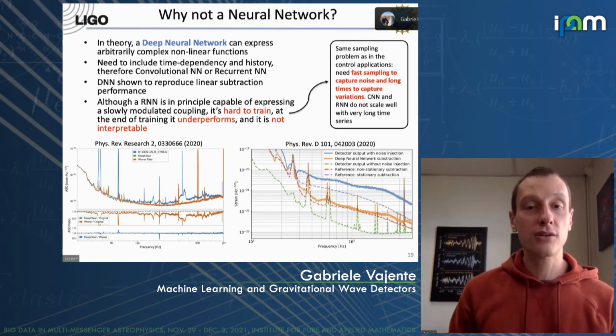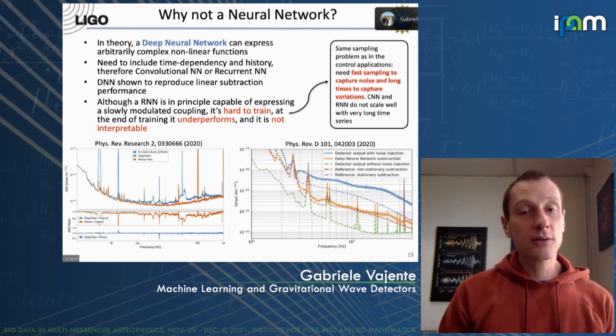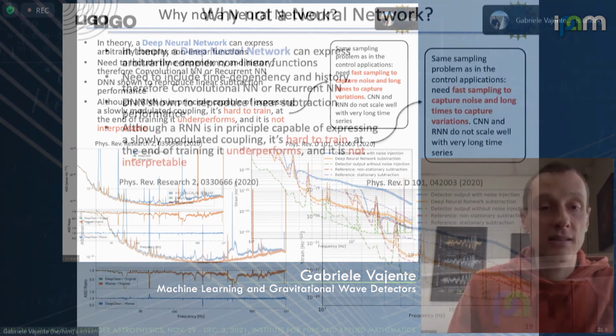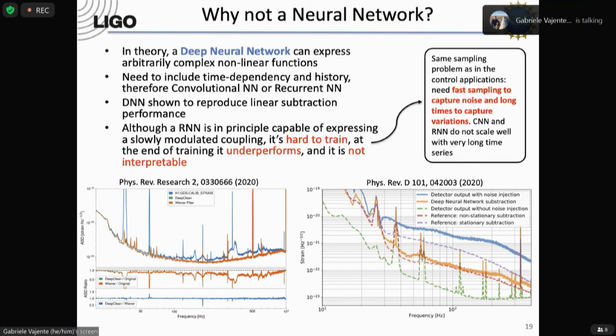Both convolutional neural networks and recurrent neural networks do not scale very well because they're typically hard to train. In the experiments that have been done, it has been found, for example, that a neural network can be trained to do the same linear noise subtraction that I was showing earlier, but it typically underperforms with respect to the simplified model I was showing in other examples, for example, this signal noise recycling subtraction.